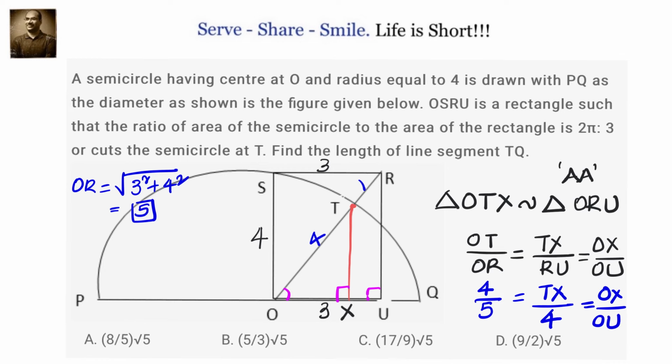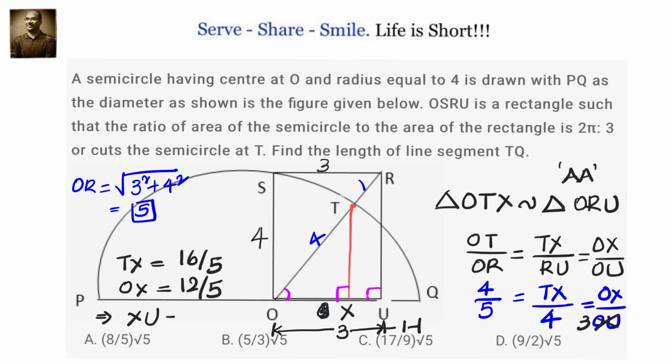Since corresponding sides are in the same ratio, TX will be 16 by 5 and OX equals 12 by 5.